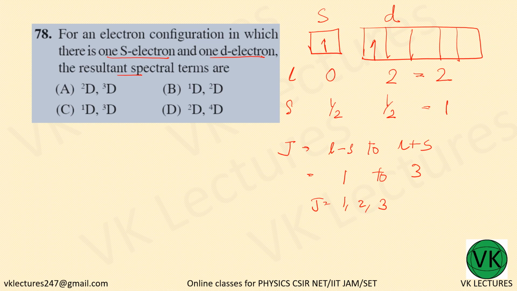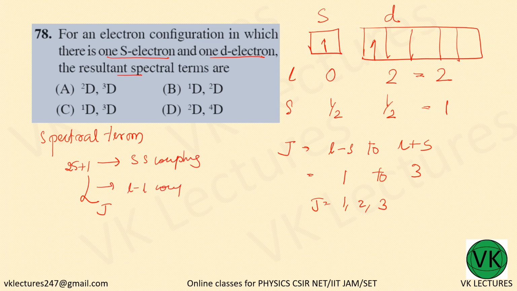Now how will you write your spectral term? The spectral term is represented as 2S plus 1, L, J. The 2S plus 1 represents SS coupling, L represents LL coupling, and J represents LS coupling.